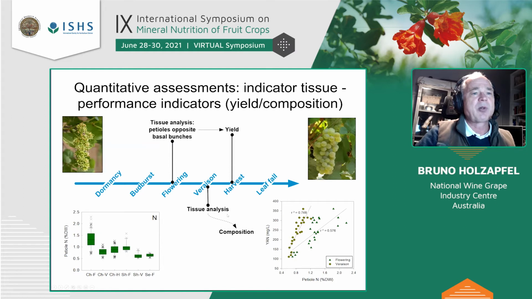That relates more to composition, as you can see when you plot petiole nitrogen against yeast assimilable nitrogen levels. So the must, what the yeast can access for their growth during fermentation in the must, is particularly closely related if you look at veraison values.